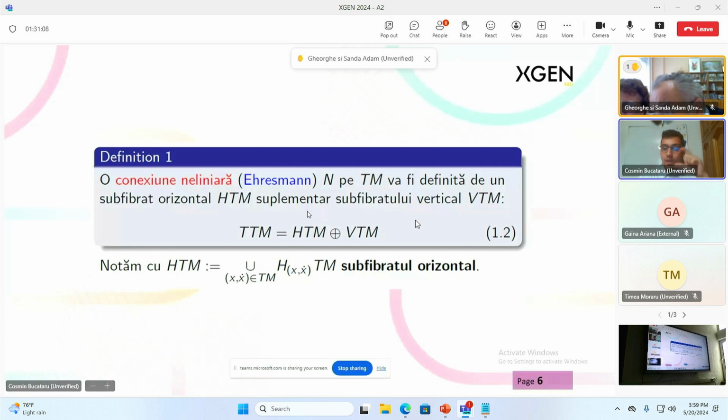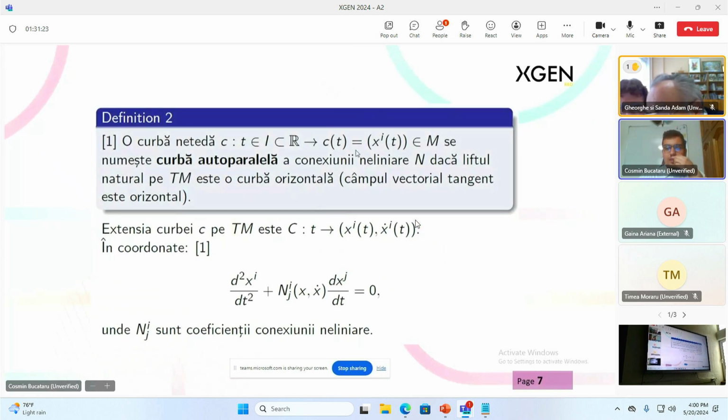Because when we want to change the coordinates, this is not a vector space if we keep the same vectors. We need another component which depends on the nonlinear connection. And with this concept, we can construct the autoparallel curves.